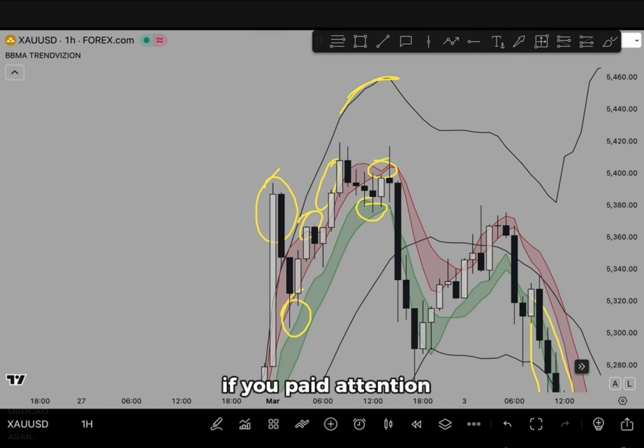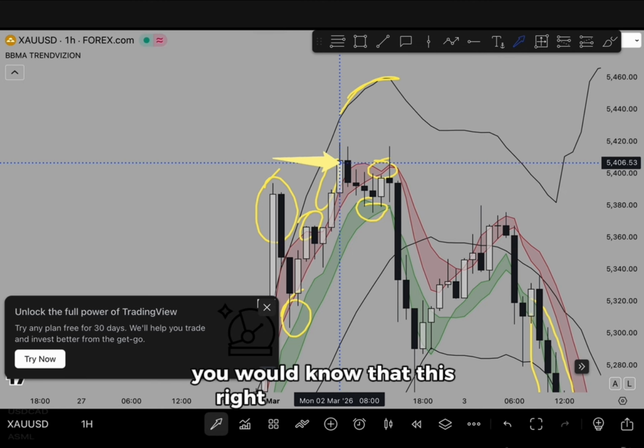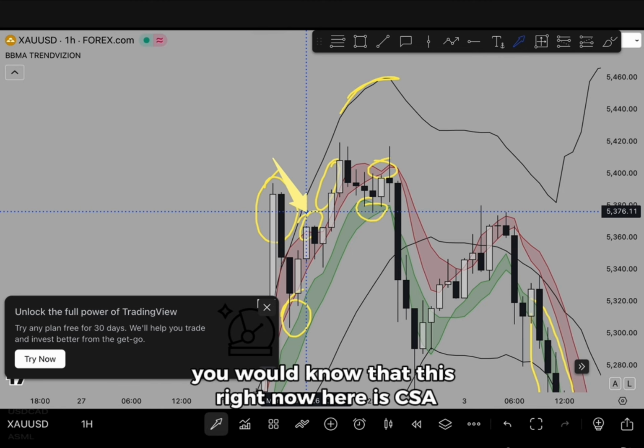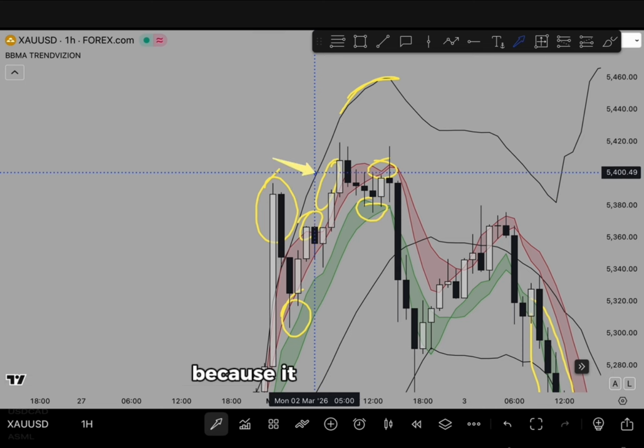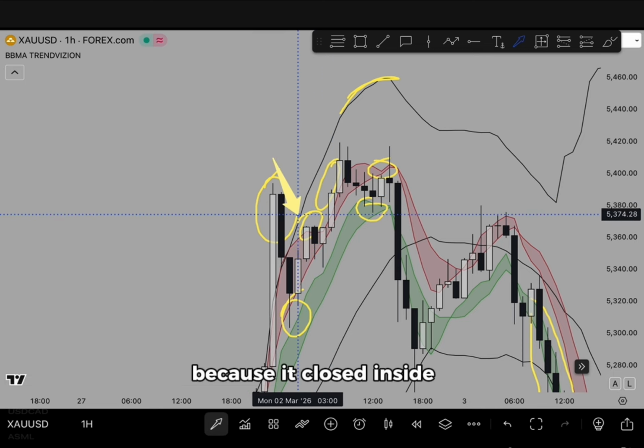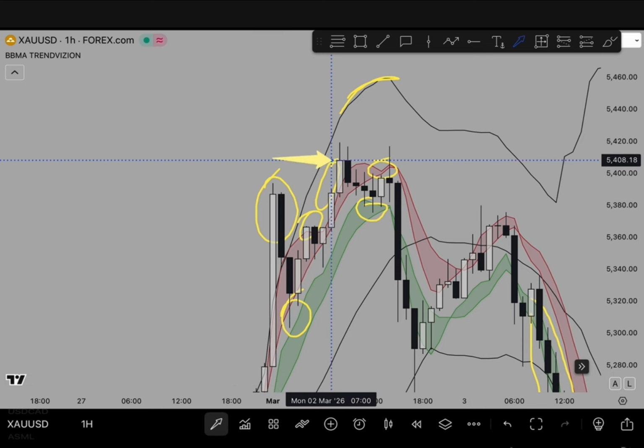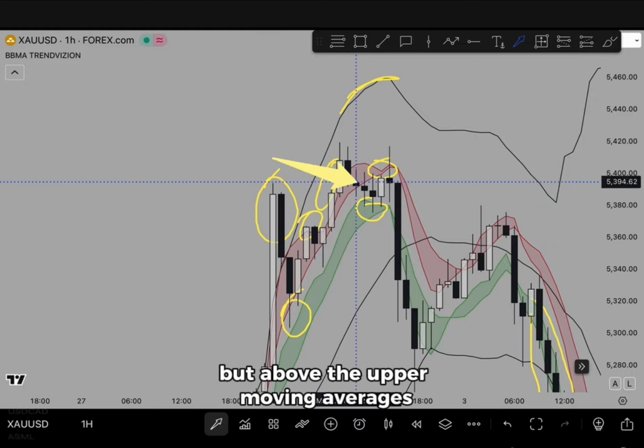So if you paid attention, you would know that this right now here is CSA, not CSM, because it closed inside of the top Bollinger Band, but above the upper moving averages.